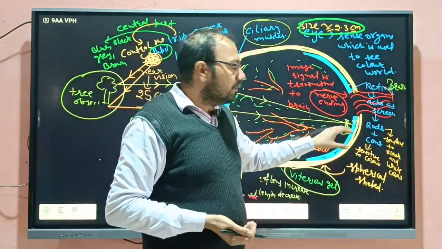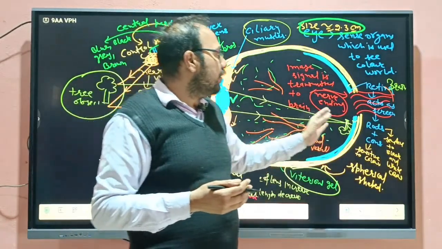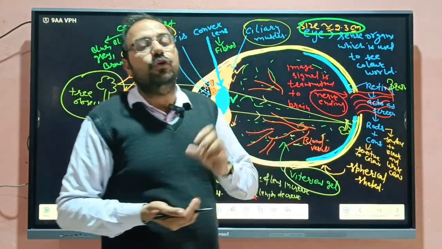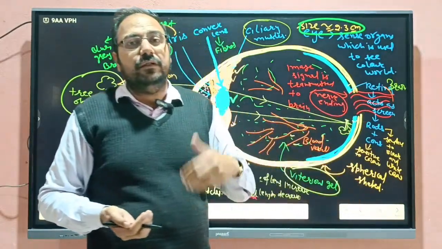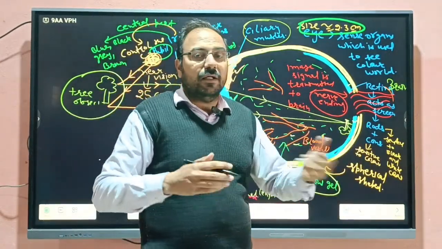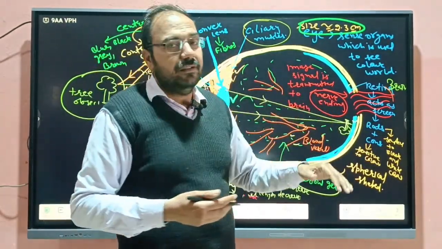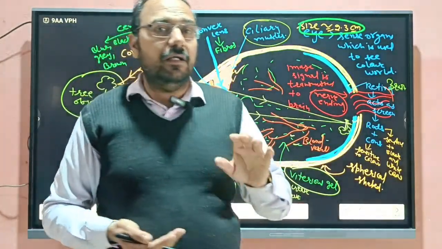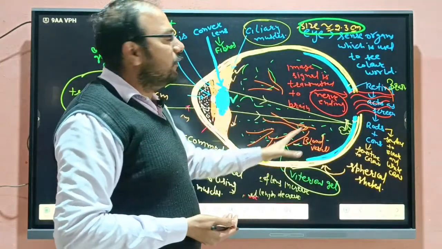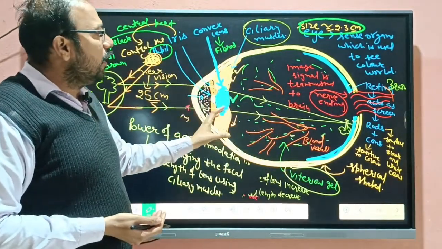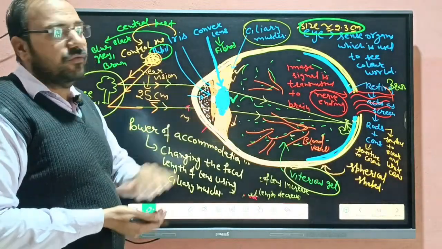This image is converted into an electrical or nerve signal, and these signals are sent to the brain using the optic nerve. During this processing, the image is converted into an erect image in actual size, and then the brain analyzes and identifies that this is a tree. So this is the complete mechanism of how the eyes work, and we can understand each part from this figure.